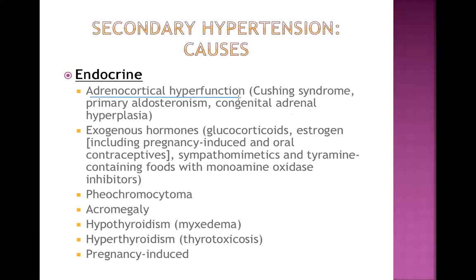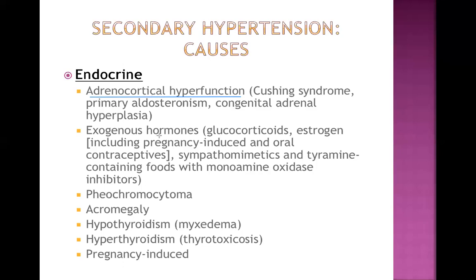adrenocortical hyperfunction. Now, the adrenal gland or suprarenal gland has two parts, cortex and medulla. Medulla is secreting catecholamine. If that catecholamine is excessive in the circulation, it itself can lead to hypertension.